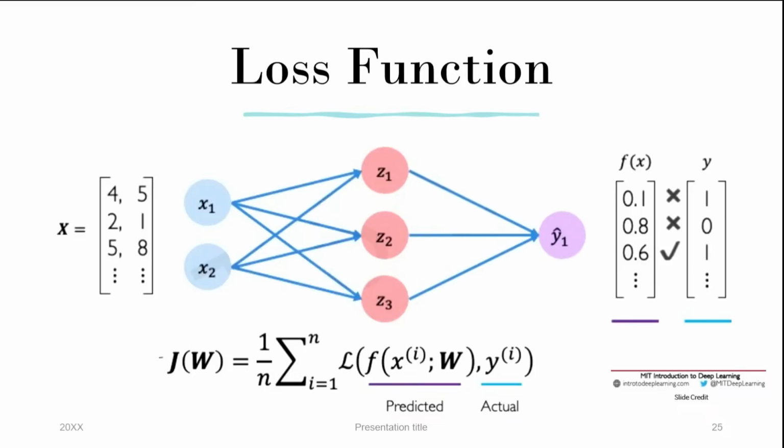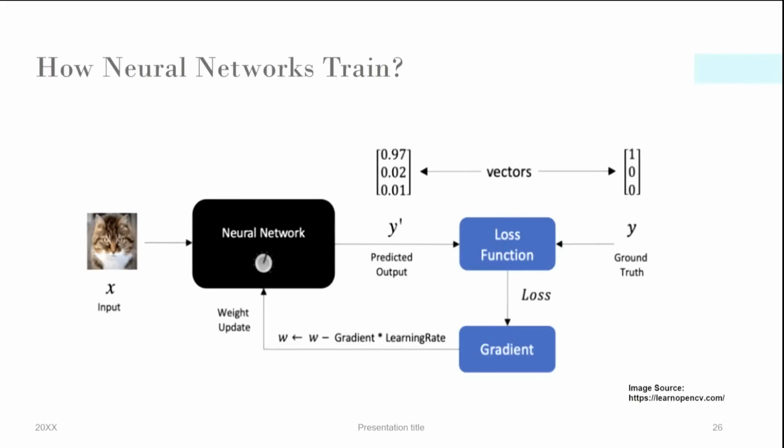While training the neural network, we try to minimize this loss, the difference between the actual output and the output produced by the model. Optimizing this loss so that we reach a state where the error is minimum is what training the neural network is all about. This is how a neural network works.